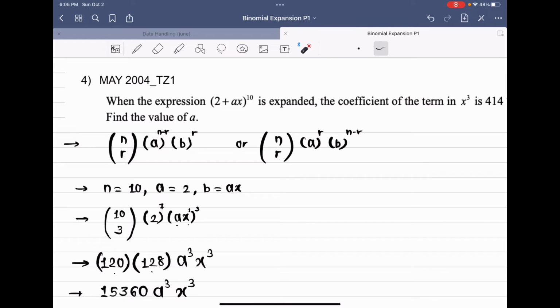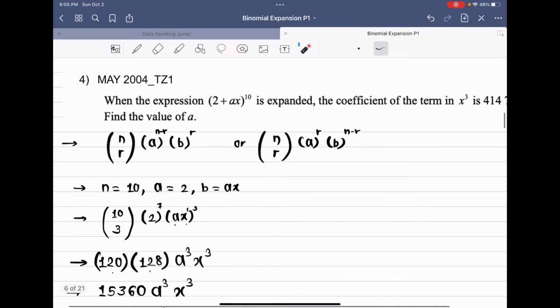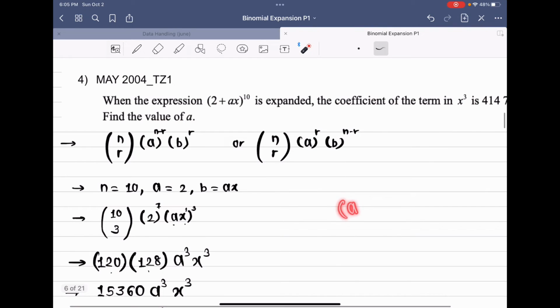Now I will start finding my r. I'm using this formula because I know my one term contains x, and that x is raised to power 1. You can see here, nothing is written, that means 1. And I want x raised to 3. You know this rule: if you have x raised to m, raised to power n, it is basically x raised to m times n.